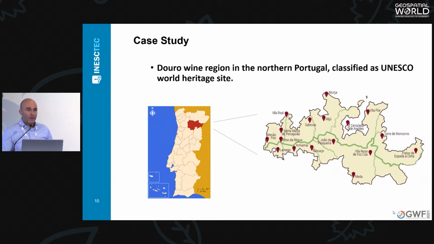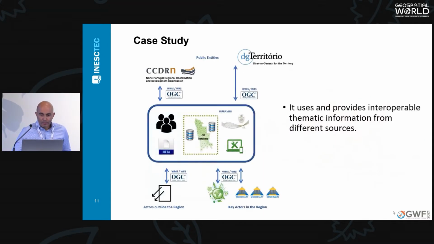It's well known. It's the oldest delimited wine region in the world. And for this use case, this implementation that we did, this infrastructure, this API, it uses and provides interoperable thematic information from different sources.